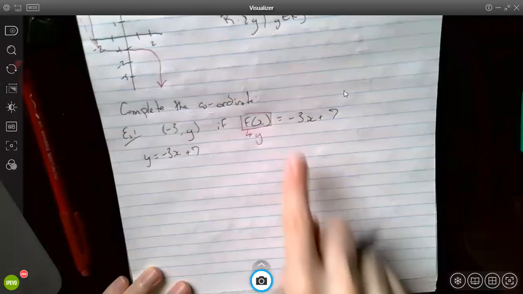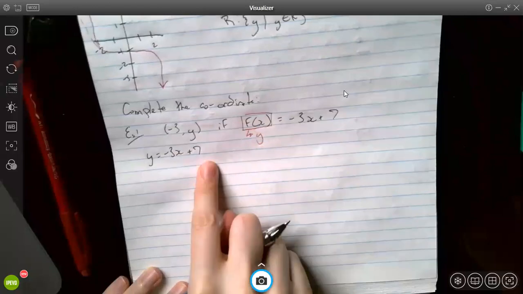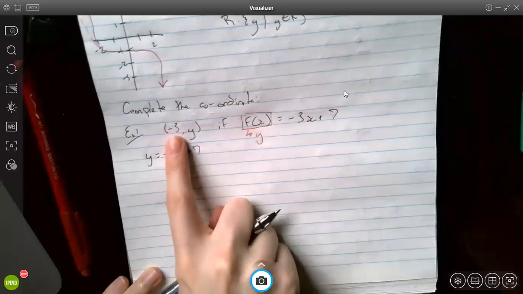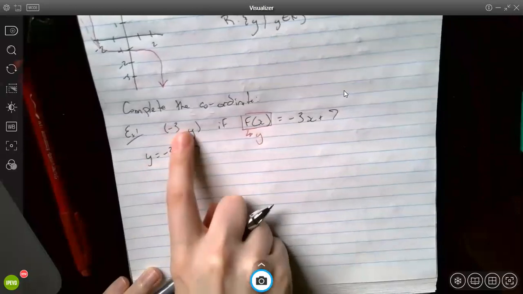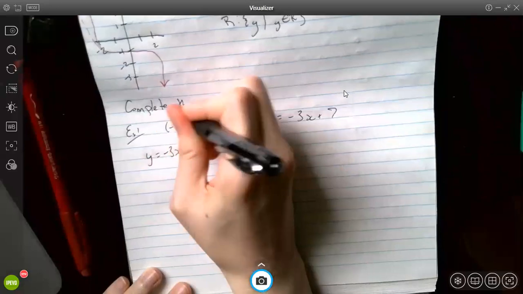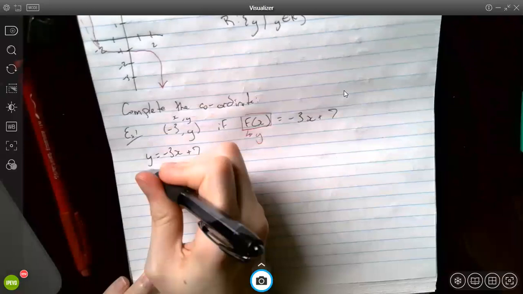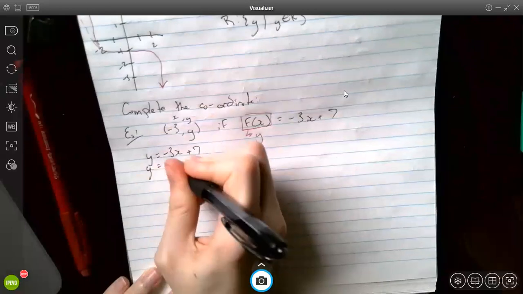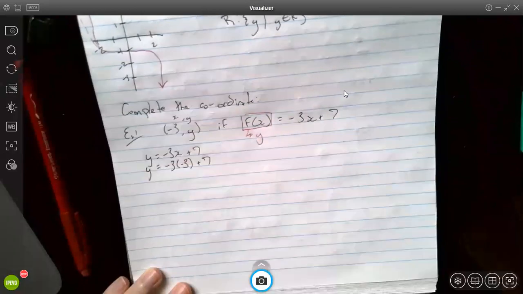So I'm just writing my f of x as y. Then I'm going to plug in my known coordinate into either the x or y position. So because coordinates are x, y, this -3 is an x value. So I'm going to plug it in where my x is, and then I just solve from there.